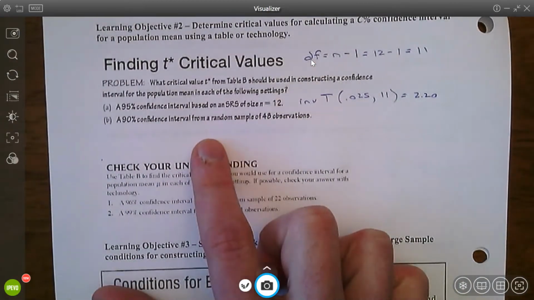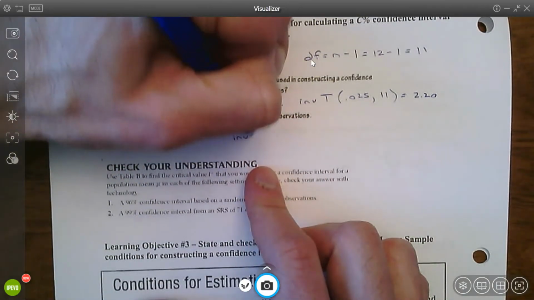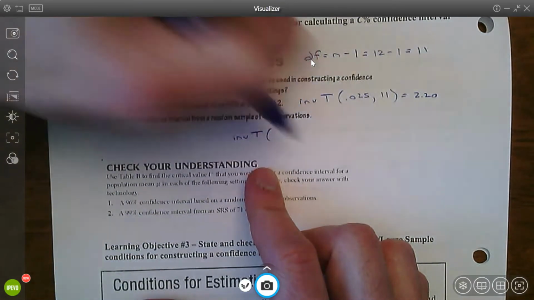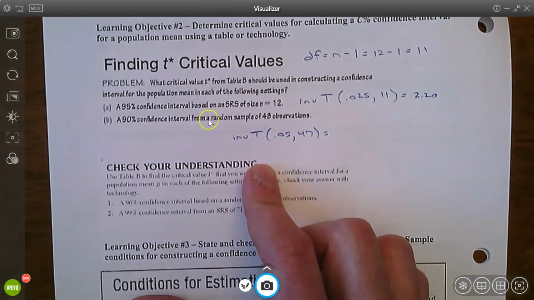Now I have a 90% confidence interval, random sample of 48. So sample size minus 1 is going to be 47 degrees of freedom. 90% confidence leaves 10% in the tails, divided by 2, leaves 5% in each tail with 47 degrees of freedom.